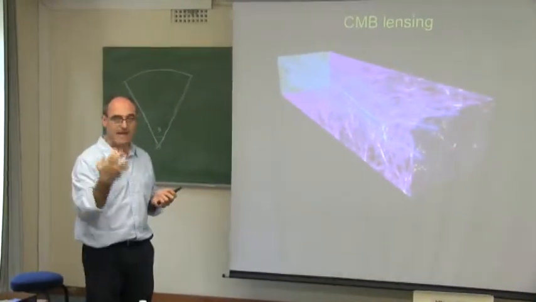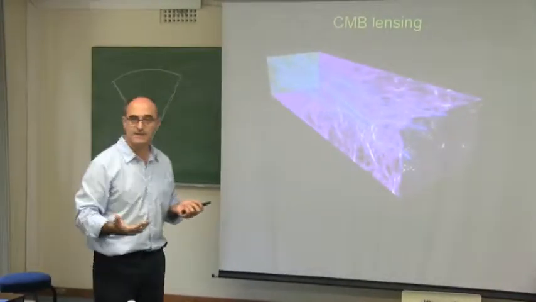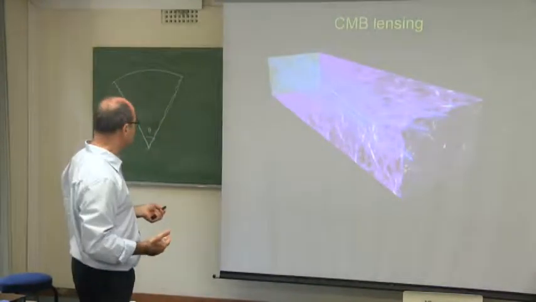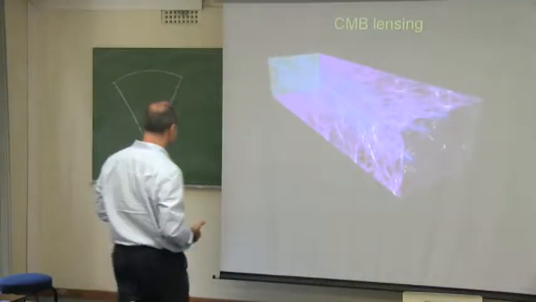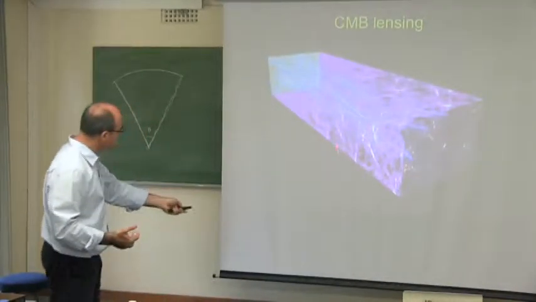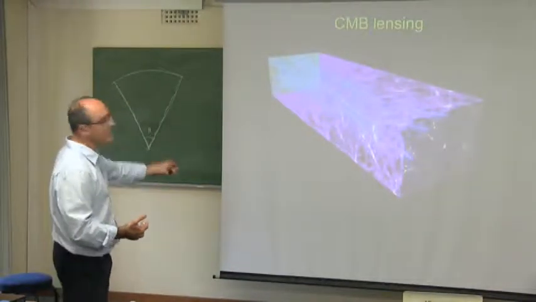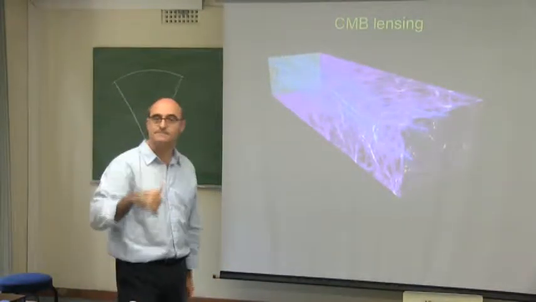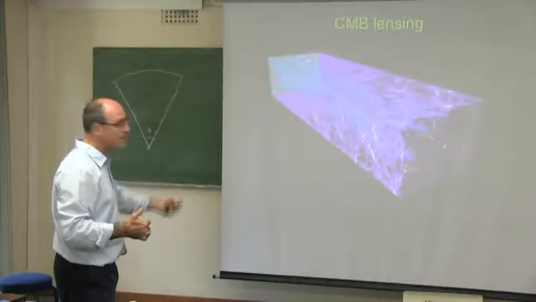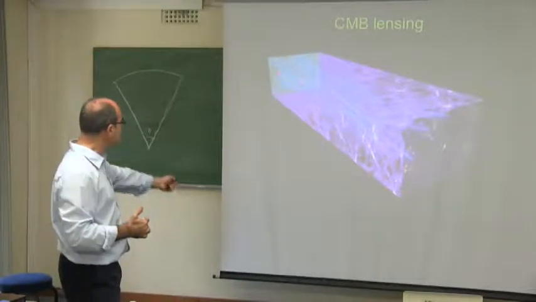How gravity acts from a given mass distribution on the photons will depend on the theory of gravity. And here you might look for deviations with respect to general relativity. Moreover, since those deviations may happen along the way, it could be that modifications of gravity close to us will affect the lensing of light in a way which is different from modifications of gravity early on. Okay, so we might tell when that deviation occurred.